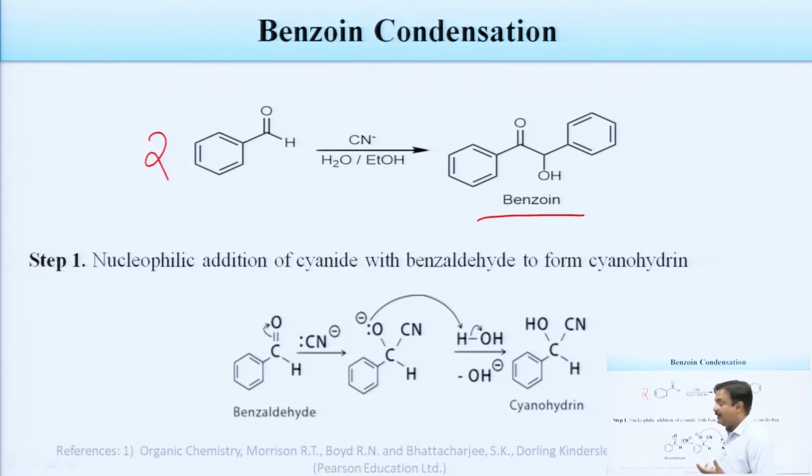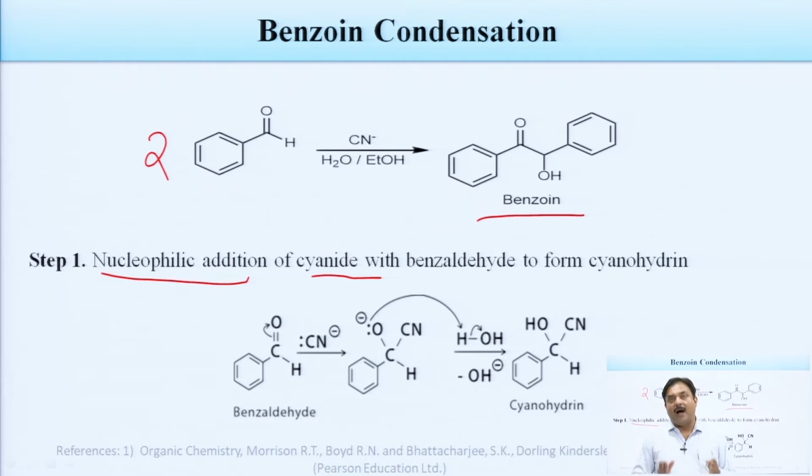In the first step, nucleophilic addition of the cyanide ion occurs with benzaldehyde to form a cyanohydrin. You can remember this step as the formation of cyanohydrin. In the benzoin condensation reaction, in the first step, cyanohydrin is formed.